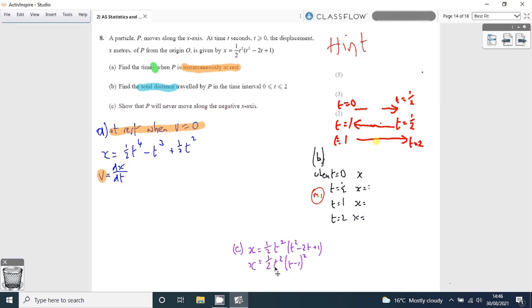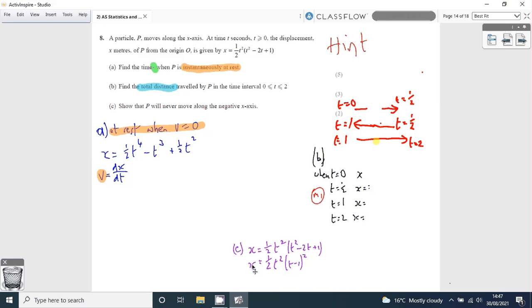Because you're squaring these things, you can conclude that each component can never be negative. T squared, the smallest that can be is 0, so t squared is greater than or equal to 0, and t minus 1 all squared is greater than or equal to 0.